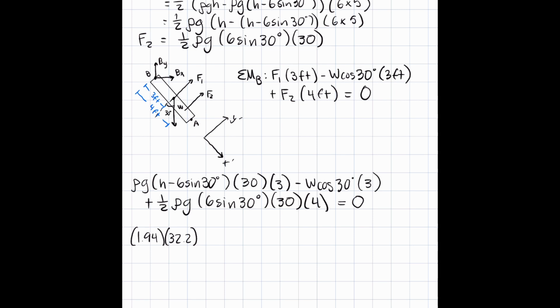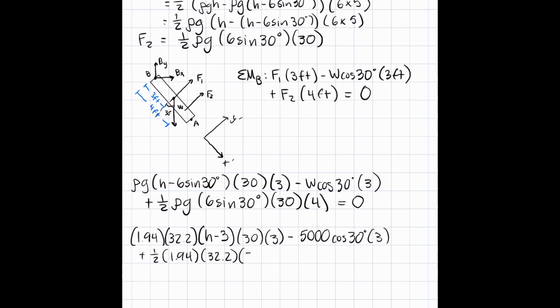We have h minus 6 sine 30, and if you evaluate that, you'll find that 6 sine 30 actually ends up just being 3, times 3, minus W, which is given in the problem statement to be 5,000 pounds, cosine 30 times 3, plus 1/2, 1.94, density again, gravity 32.2, times 6 sine 30, which again just simplifies to 3, 30 for the area, and then 4 for the length, the moment arm. And all of that will equal 0.